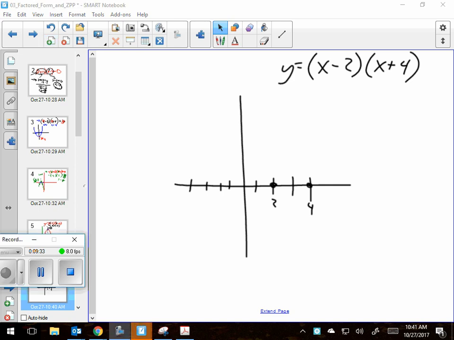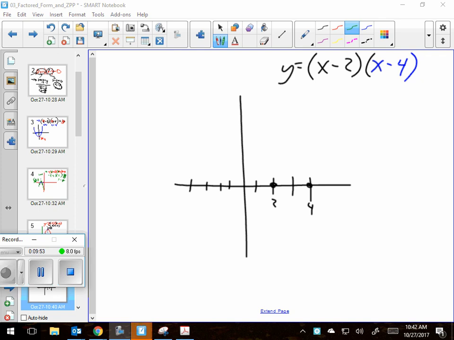Okay, sorry about that. This should have been a minus on that 4 right there. That should have been an x minus 4. I apologize. That will fix it so that it can work now.